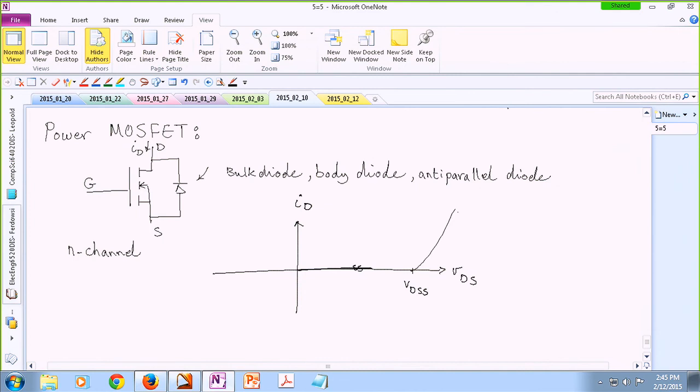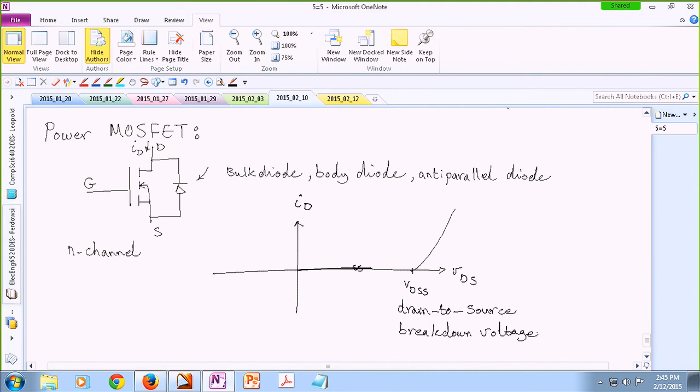So it's called the drain to source breakdown voltage. All right, so when you purchase a, let's say, 150 volt MOSFET, that 150 is referring to this breakdown voltage.